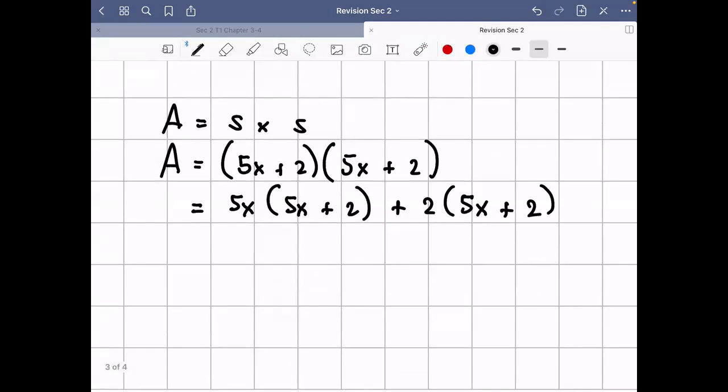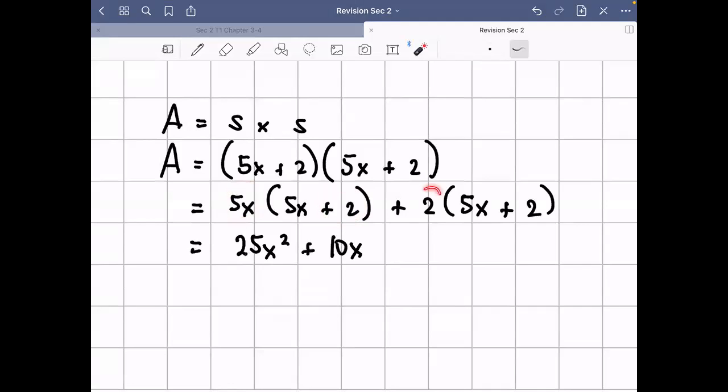Then we distribute. 5x times 5x is basically 25x squared. 5x times 2 gives you 10x.